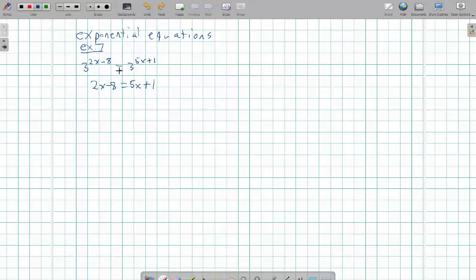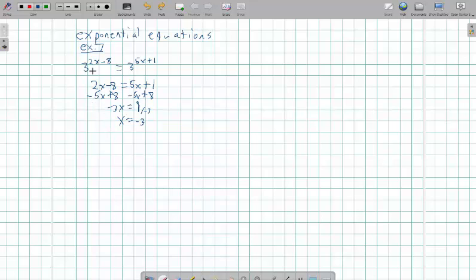So if you have the same base on both sides, you can basically just drop it. And then we can solve this. Add the 8 to both sides. Subtract the 5x from both sides. Have negative 3x equal 9. So x equals, let's see, divide by negative 3.